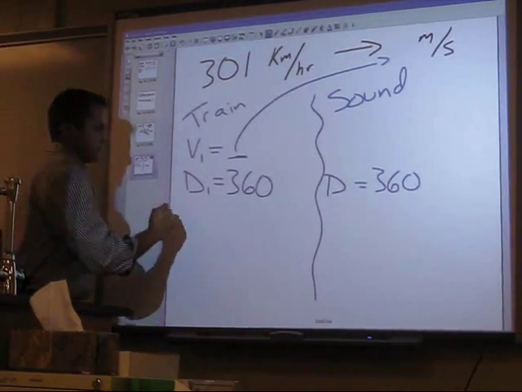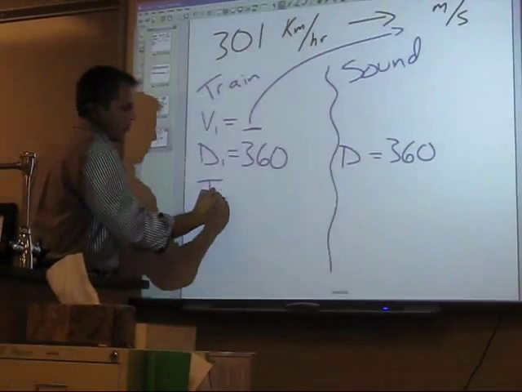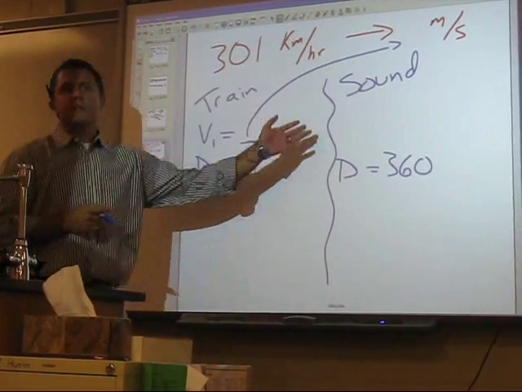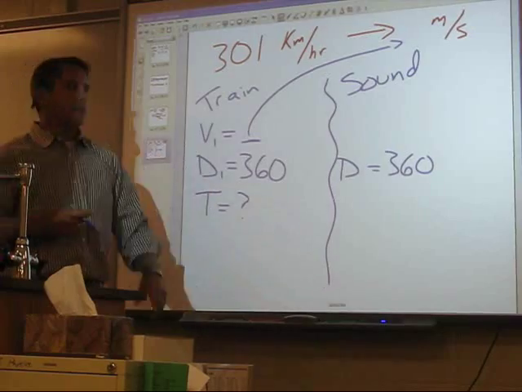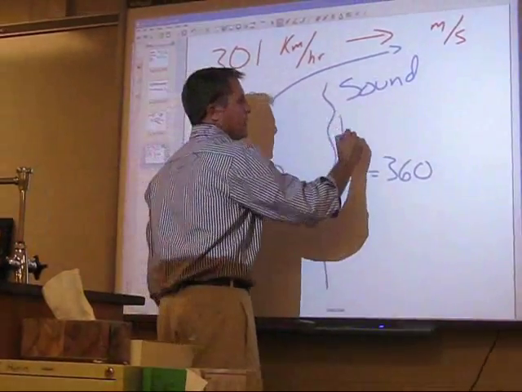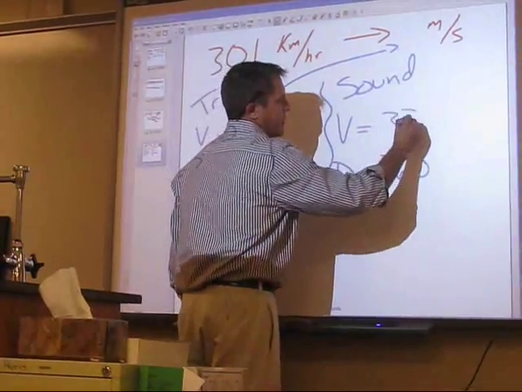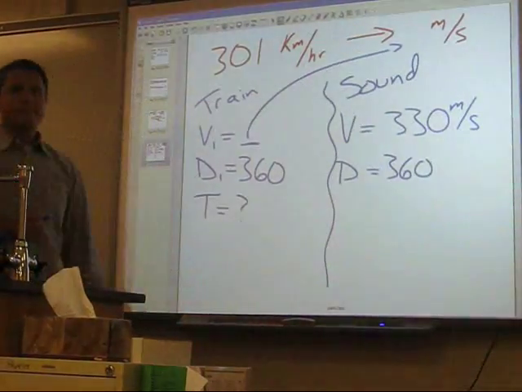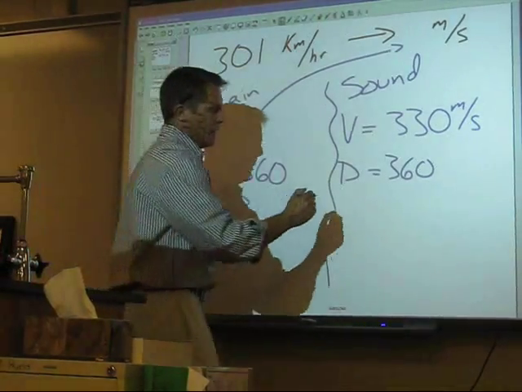Alright? So for a train, you want to figure out what the time is going to be. Then for the sound, and this is very similar to Ant's problem on U-Texas, your velocity is 330 meters per second. And what's the time here?